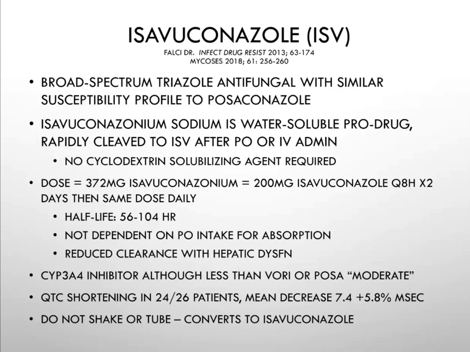The dosing seems weird: 372 milligrams of isavuconazonium sulfate 3 times a day for 2 days, and then 372 milligrams daily. That's because every 372 milligrams of the salt is equal to 200 milligrams of isavuconazole, and that's the way the FDA wanted them to label it.